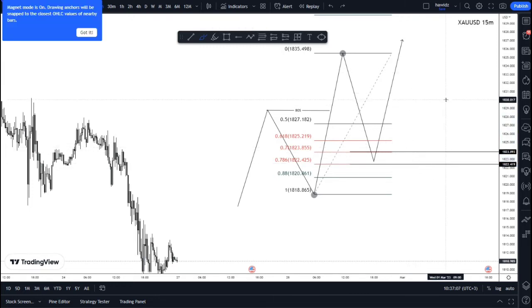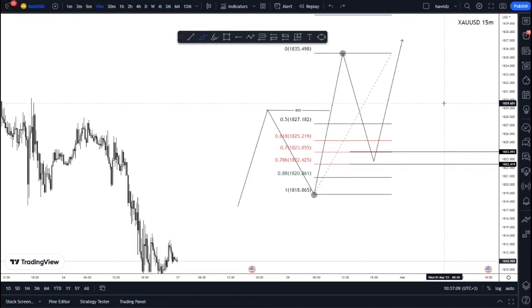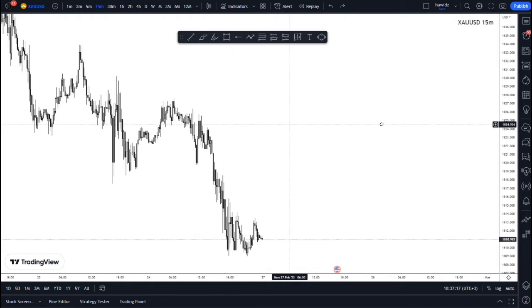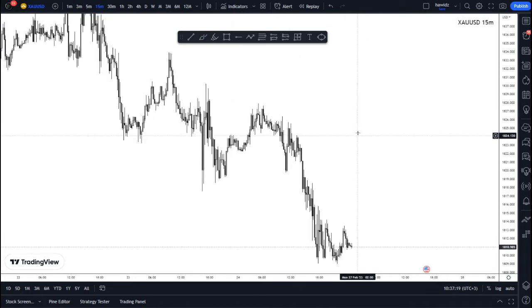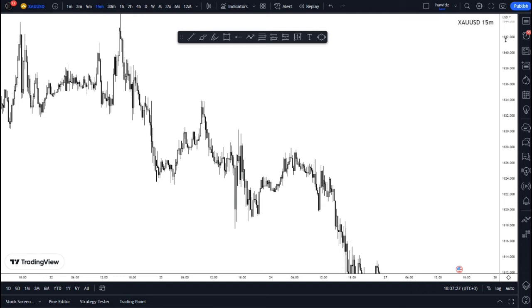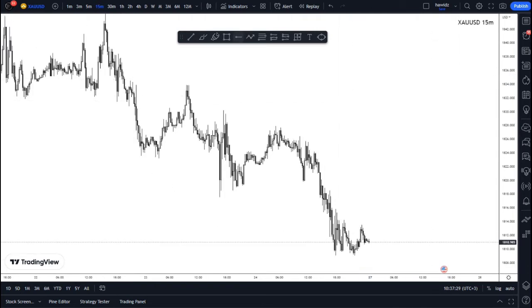So from that being the illustration, let's now go to the charts and see how the fib tool works. Let's just remove that and see the gold chart. I'm going to give you 2 scenarios and show you exactly what happens. First and foremost, we can see that the gold chart here is pretty much in a bearish trend, right? We have a series of highs and lows being formed.